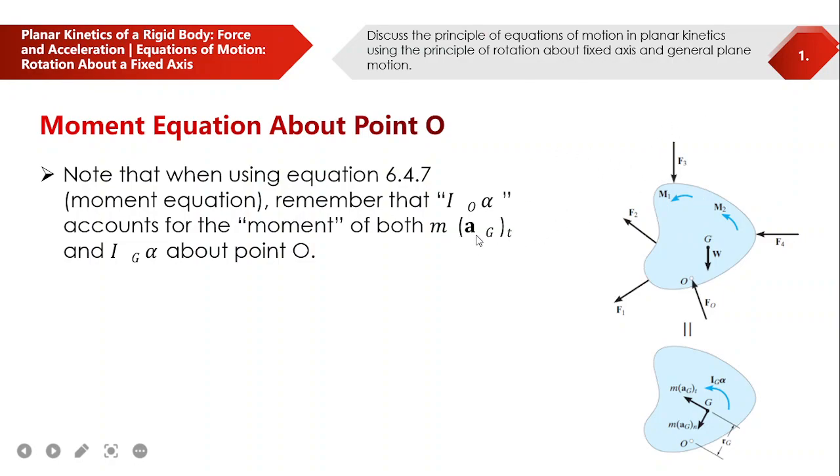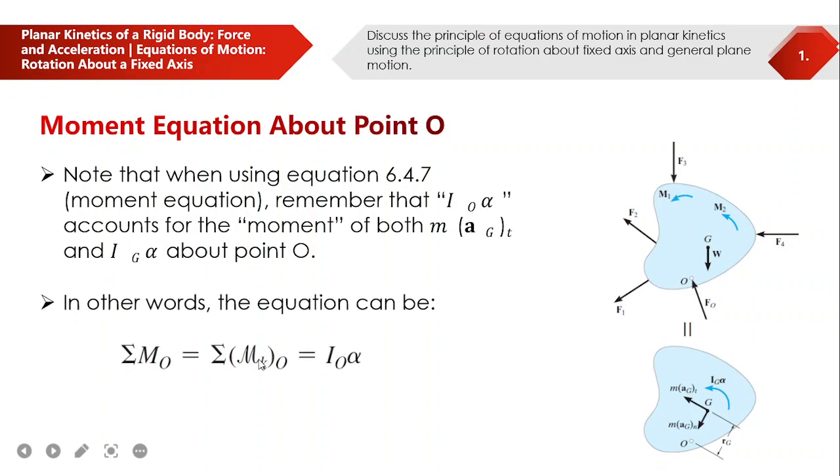So, meron siyang dalawang component, yung tangential component ng force and your moment na nag-act sa body natin, which is equal to I sub g times alpha. Okay?